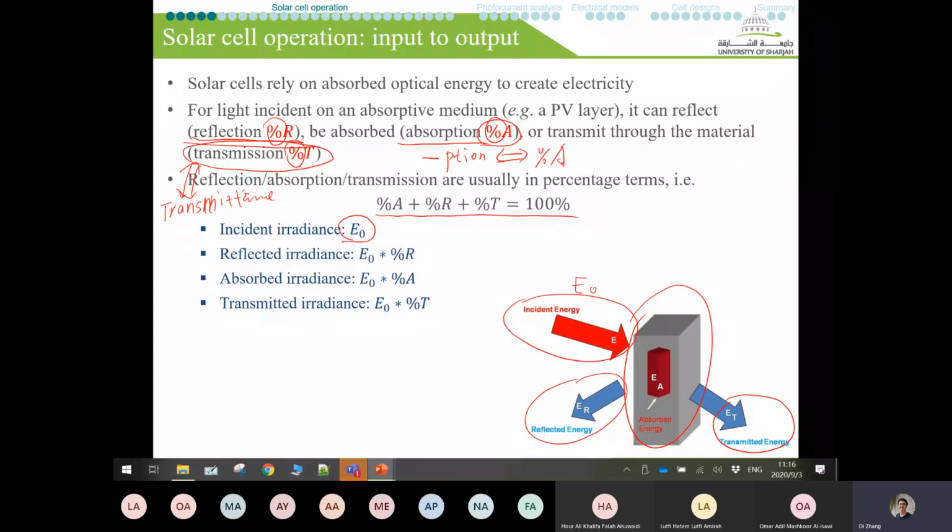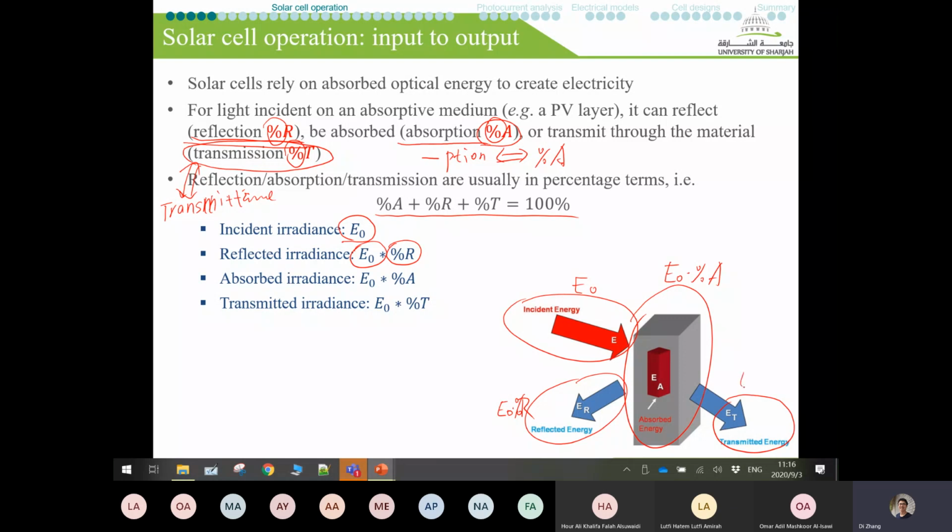If we have the percentage for reflection, we just multiply the percentage reflection by the initial irradiance, and this gives us the reflected irradiance, so percentage R times E0. The part that is absorbed is very simple: E0 multiplied by percentage absorption.